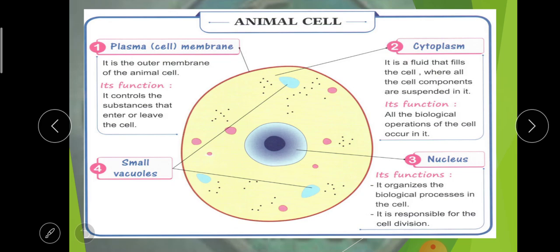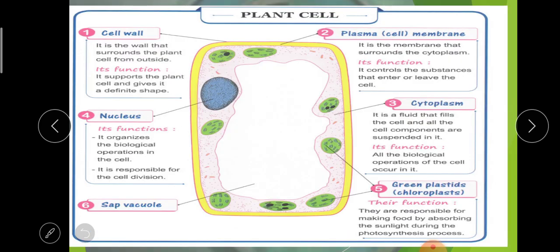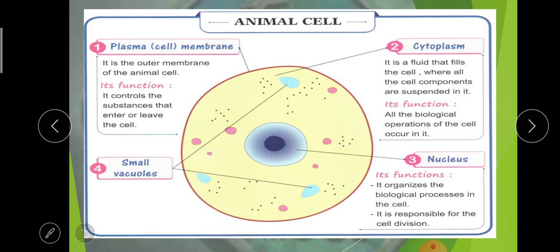We noted that the animal cell differed from the plant cell. The first component of the animal cell is the plasma membrane, or cell membrane. It is the outer membrane of the animal cell. Do you remember in the plant cell, the outer membrane is a cell wall, which gives the plant its definite shape because the plant has no bones, but the animal has bones which give the animal its definite shape.